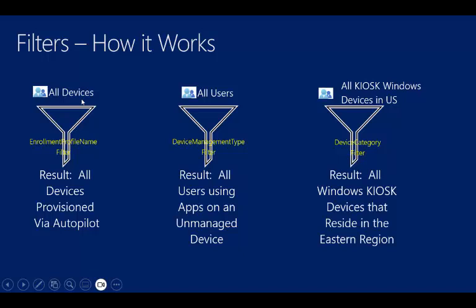And we want to target a configuration, maybe right as the device enrolls, to only those devices that enroll with a given enrollment profile name. Now, typically, at least for me, when I think of enrollment profile name, I think about iOS devices. It's definitely not just iOS devices. Could be Autopilot as well. I think Google as well.